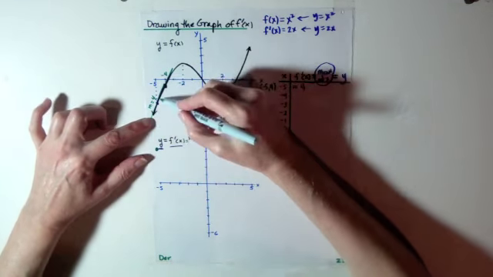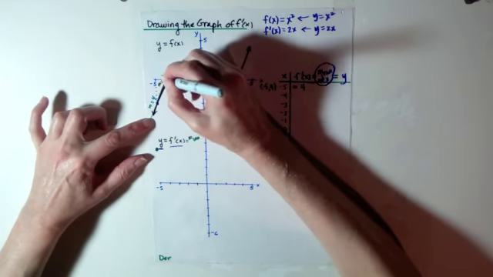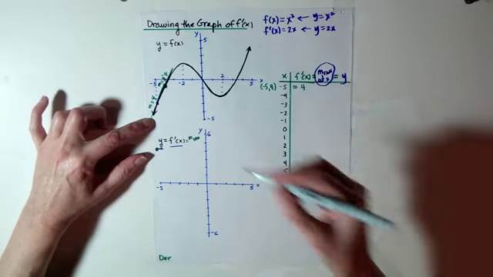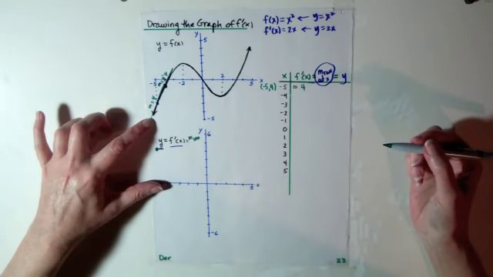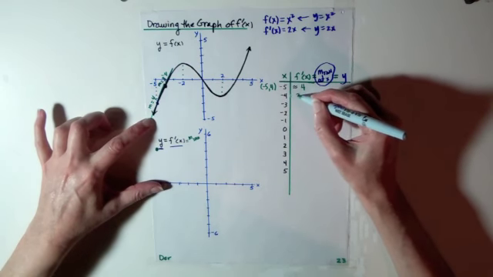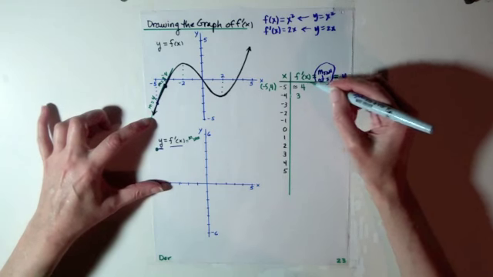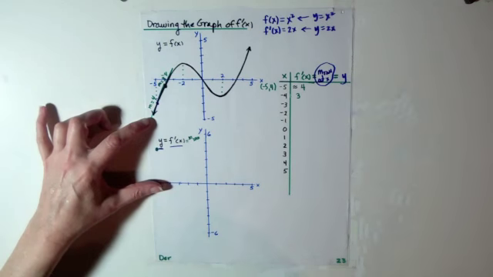It looks like it's slightly smaller. It's still positive, but slightly smaller. Maybe here the slope might be a +3. I go over 1 unit and up 3 units to get to another point on that tangent line. So at -4, it looks like the derivative f prime of -4, same as the slope of the tangent line on the original graph, is roughly equal to 3.